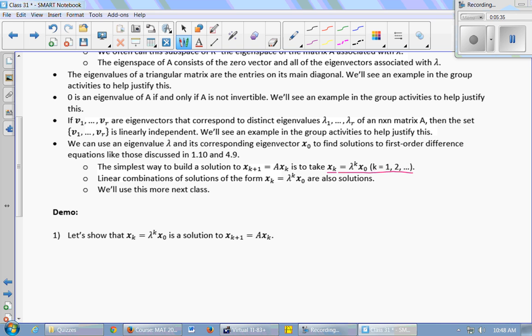It's a way of finding a solution explicitly rather than recursively. And then if you take linear combinations of those solutions, those are also solutions. And this is really important in an ODE class, right? We will expand upon this a lot next semester if you take differential equations, how to find solutions to these kinds of equations. And we'll do a little bit more with it next class.